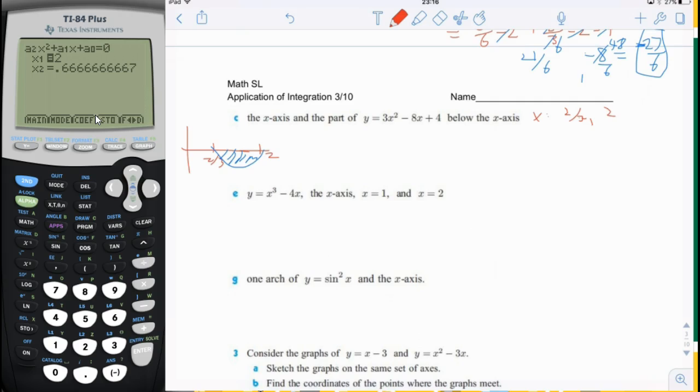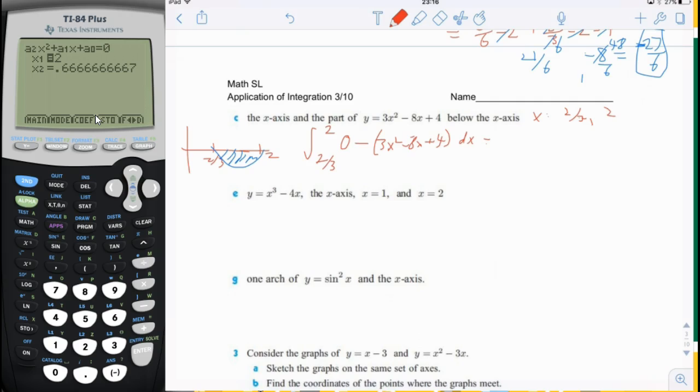So we would write it by writing, let's see, the integral from 2/3 to 2 of the region, the x-axis, let's say that's like 0 minus the parabola, which is 3x squared minus 8x plus 4 dx.